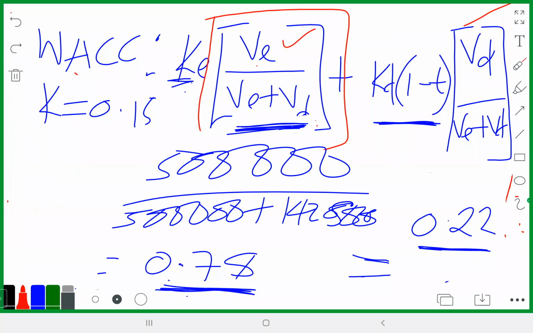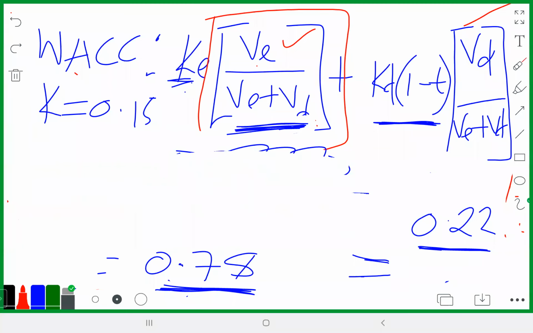All right, so from there, let's start writing. Very easy now from here. What is the cost of equity? It is 0.15. That's what the question says. Then the market weight of equity is 0.78, right?